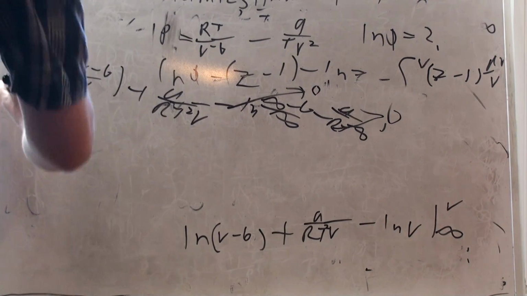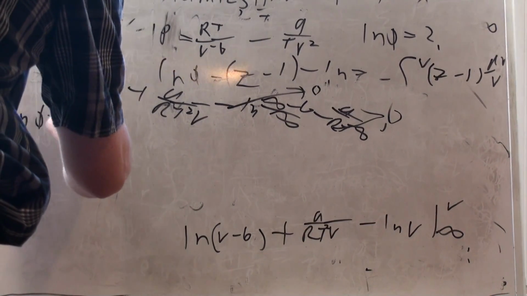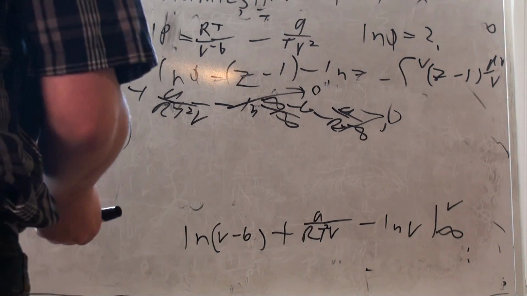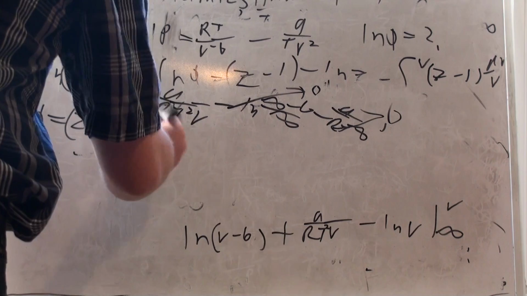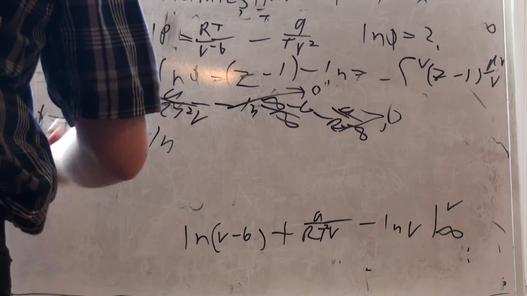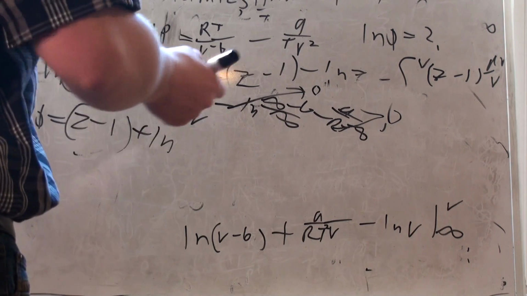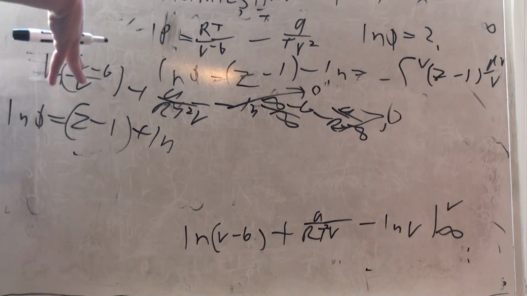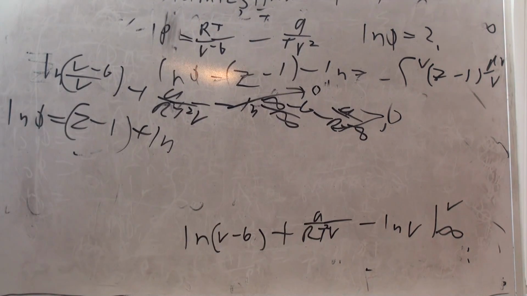Let's combine it back in, and I have natural log of phi equal to z minus 1, again I'm just going to leave it as z minus 1, plus, because I have this natural log and I'm going to combine it with this z, but actually this is going to be flipped because this was a minus.